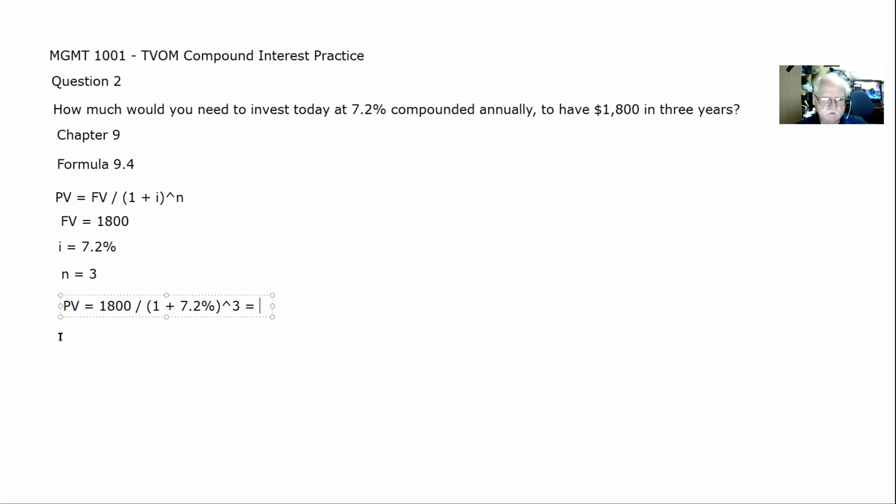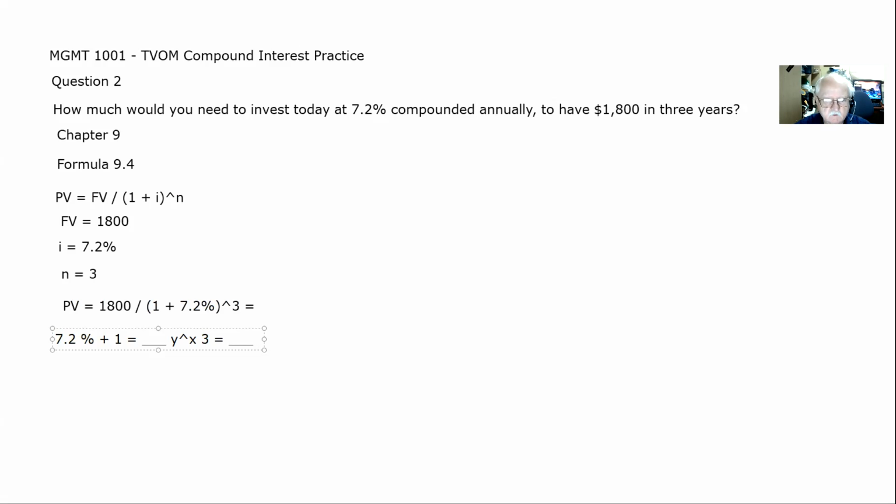When I plug this into my calculator, this is what I'm going to have to do. 7.2, hit the percent key, plus 1 equals, I can see what that is, but I don't want to take it out of the calculator. Then I'm going to hit the Y to the X button and go 3 equals. Don't want to take it out of the calculator.